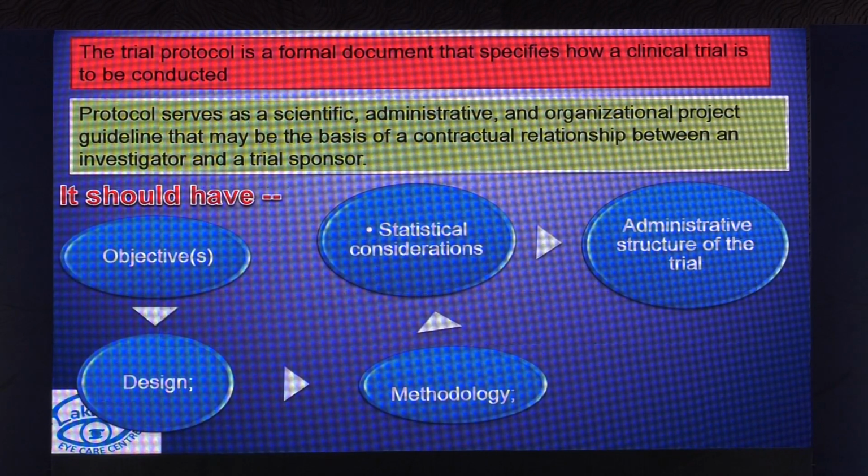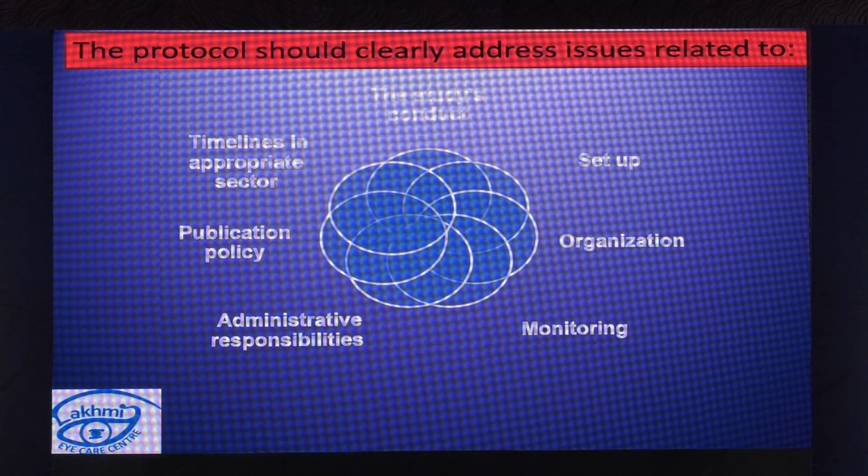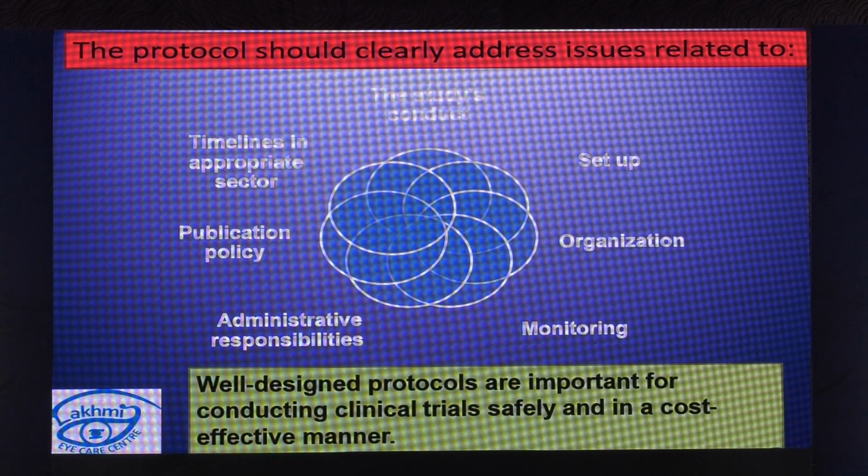It should have the objective, statistical considerations, administrative structure of the trial, design, and methodology. The protocol should clearly address issues related to the study's conduct, setup, organization, monitoring, administrative responsibility, publication policies, and timeline in the appropriate sector. Well-designed protocols are important for conducting clinical trials safely and in a cost-effective manner.